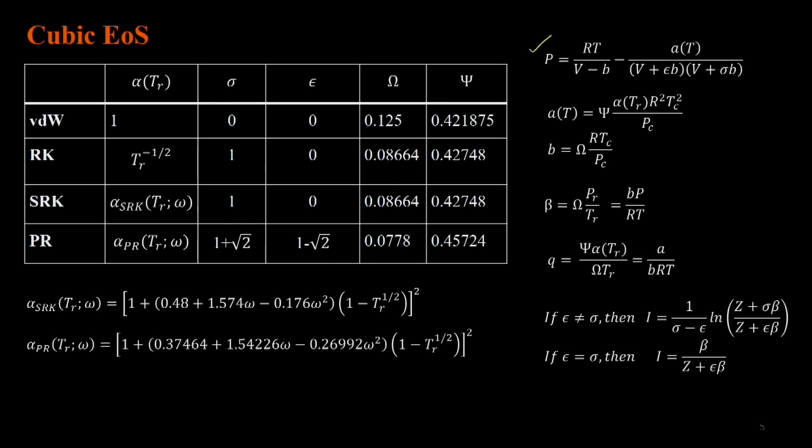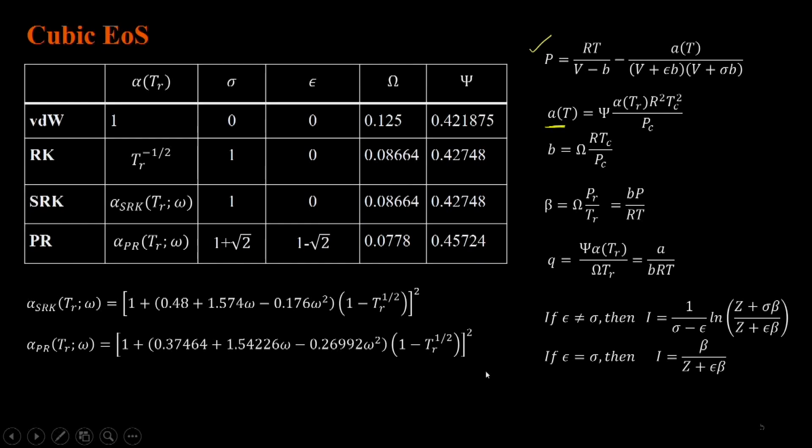In the case of SRK and Peng-Robinson, we have an additional parameter alpha, which gives a functionality to the parameter a in terms of the temperature or the reduced temperature, and the acentric factor omega.